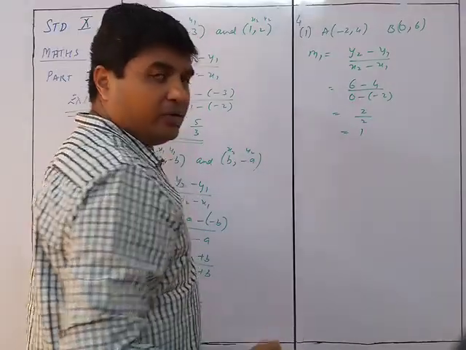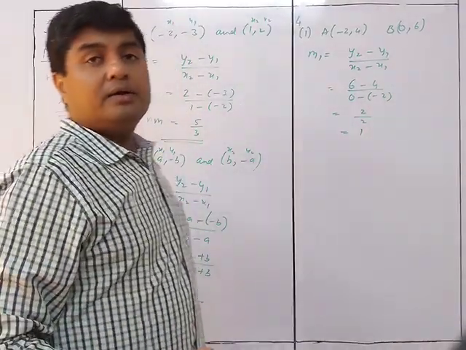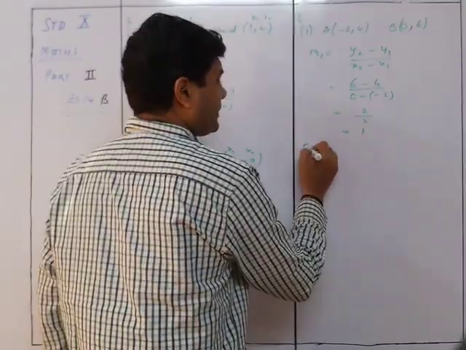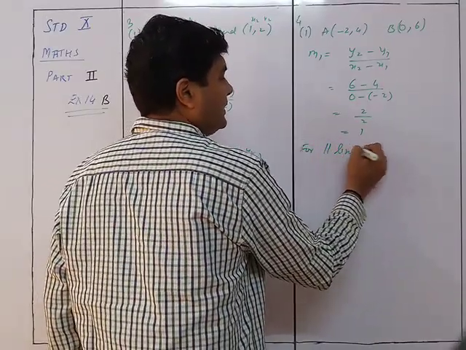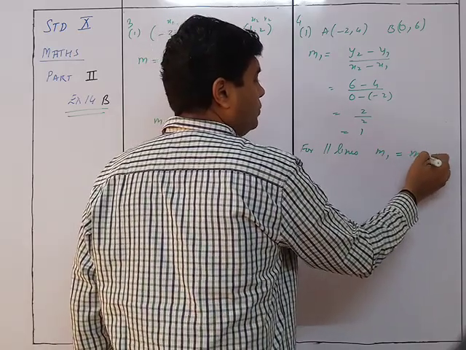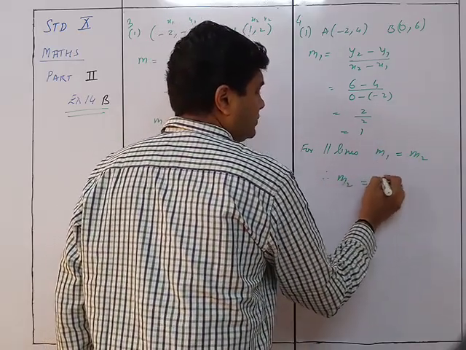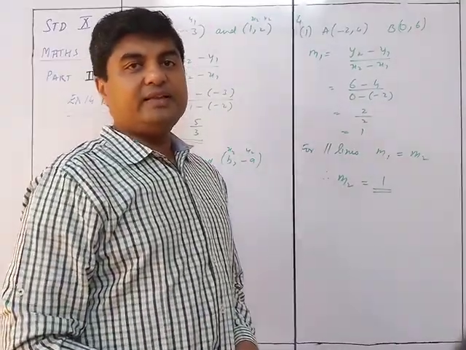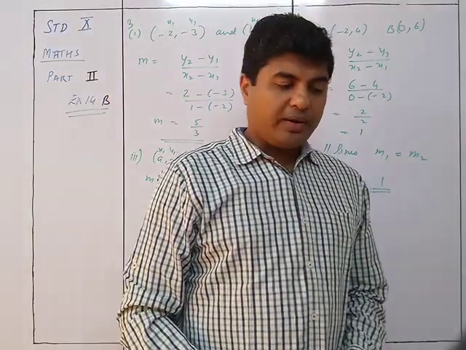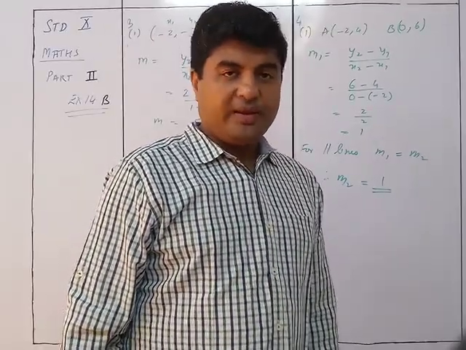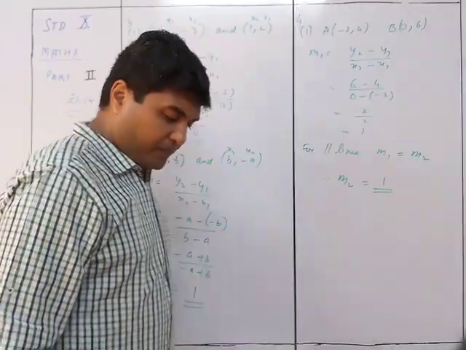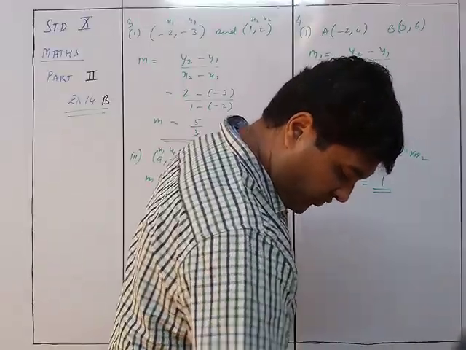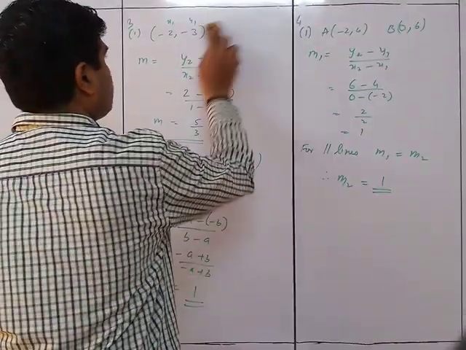Now you need to find out the slope of a line parallel to this. So we know for parallel lines m1 is equal to m2, therefore m2 is equal to 1. Got it? So m2 will be equal to 1 because m1 and m2 are going to be the same in case of parallel lines. Right? So we now move on to sum number 5 first.